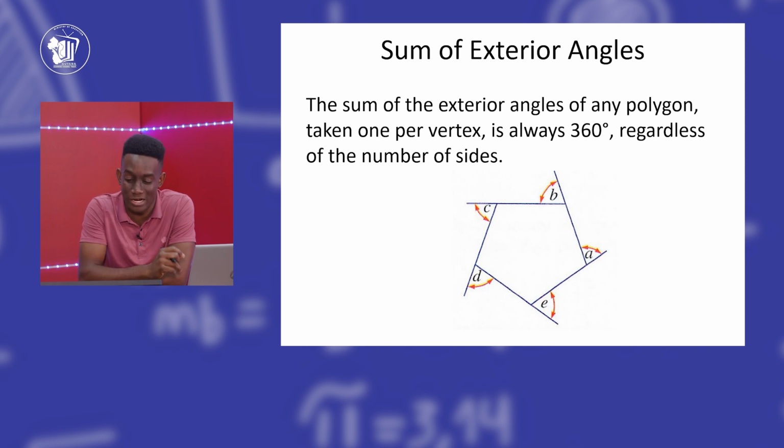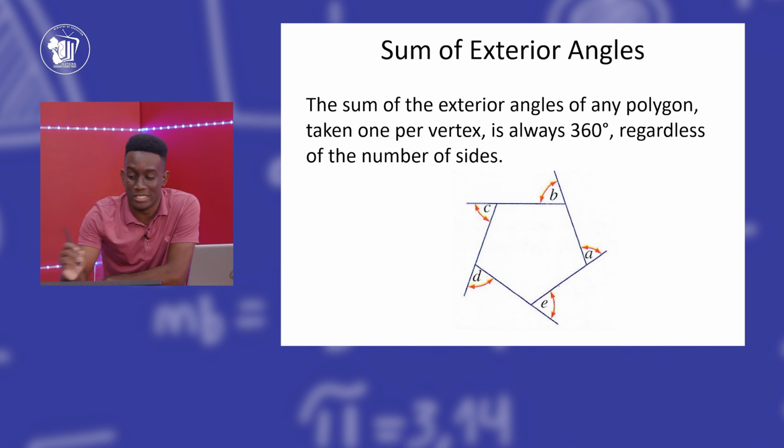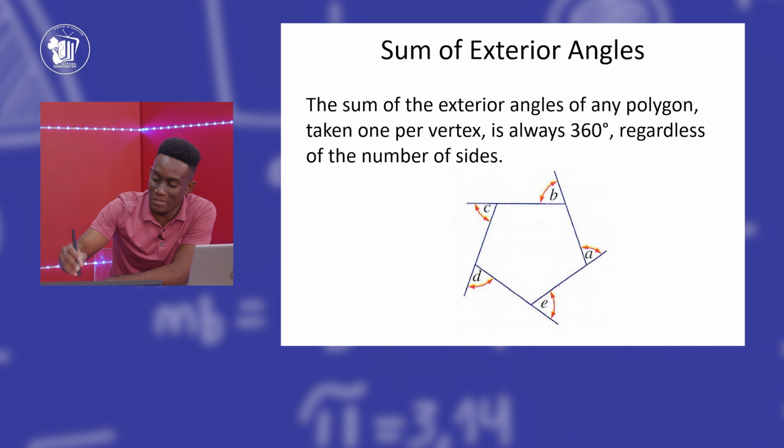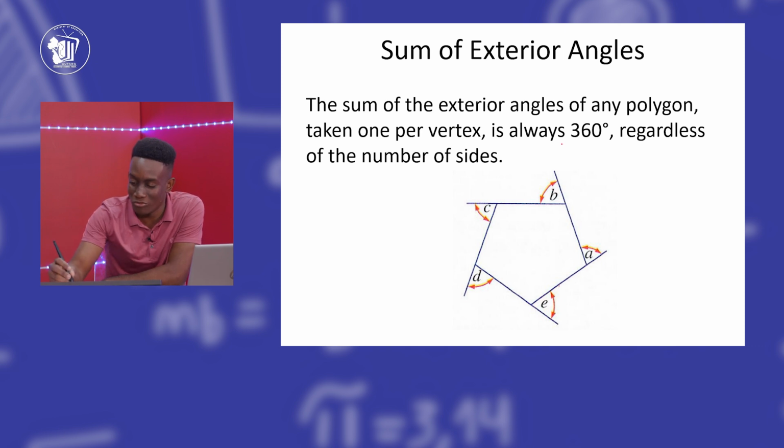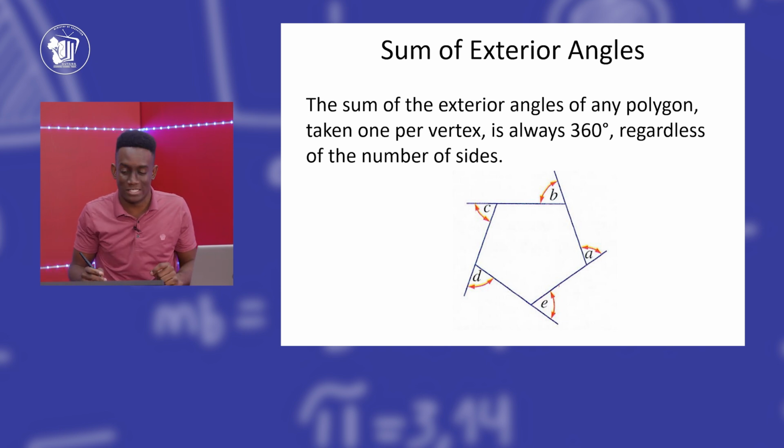So in this example, we can see the external angles in this 5-sided polygon. When we add up A, B, C, D, and E, we will get 360 degrees, as long as it's one per vertex.